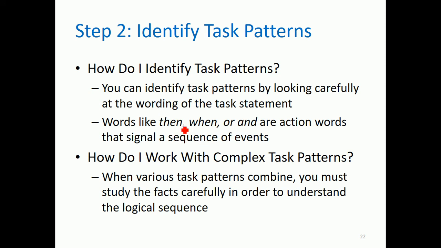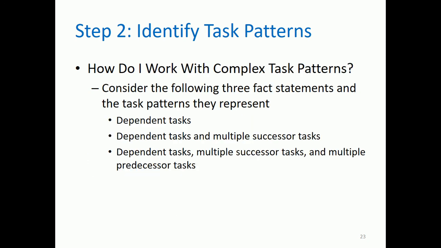Okay, so then usually it's a sequence. When is also a sequence. And if it is and, meaning the tasks should be concurrent. Okay? And then how do I work with complex task patterns? So when various task patterns combine, you must study the facts carefully in order to understand the logical sequence.